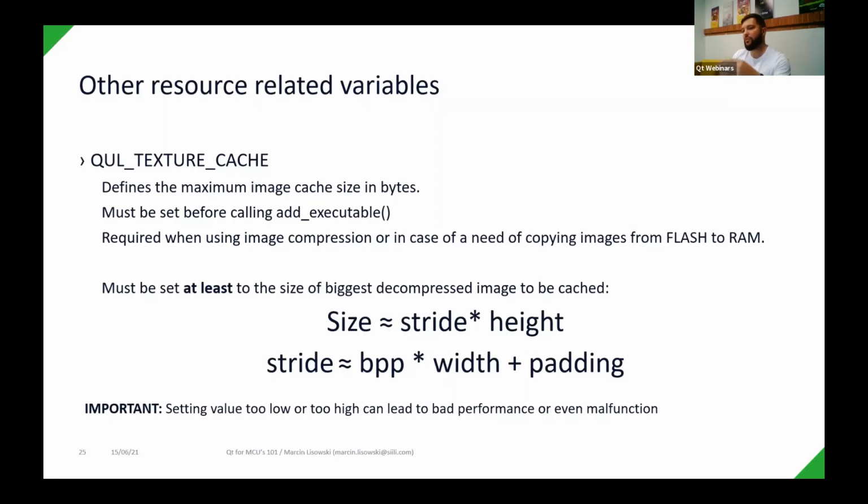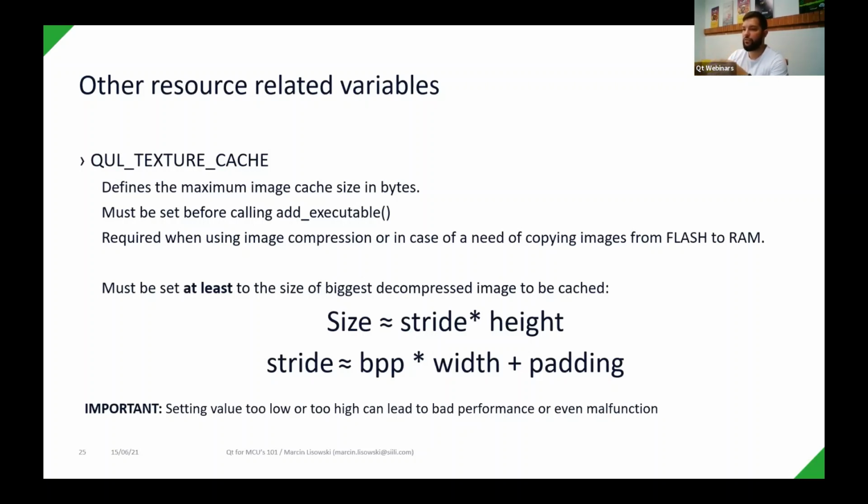Well, so as I said, you have to set this value to at least the biggest decompressed image. So size, width and bits per pixel, plus the eventual padding of the alignment, is the minimum size of your texture cache to fit at least one biggest image in your texture cache.